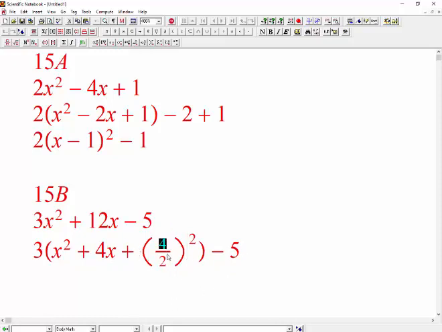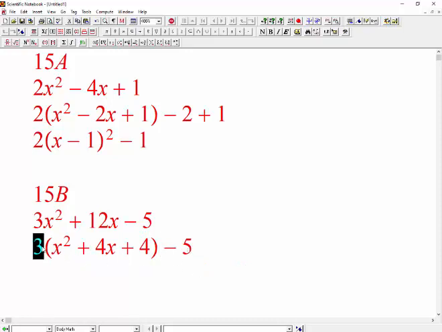And 2 squared, how much will that be? 2 times 2, 4. All right.